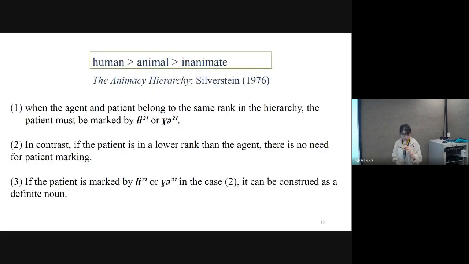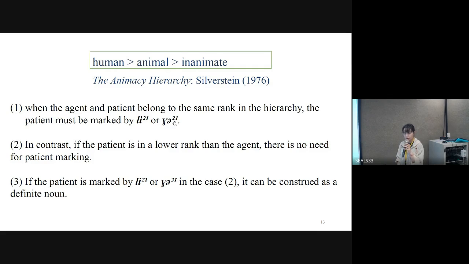Okay, let's see. As you can see, here is a summary of how this language uses the object marker. Only when the agent and patient belong to the same rank in the hierarchy, whether human or animal, the patient must be marked by li or u.